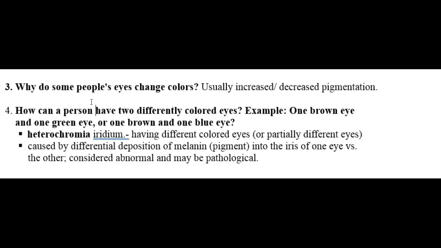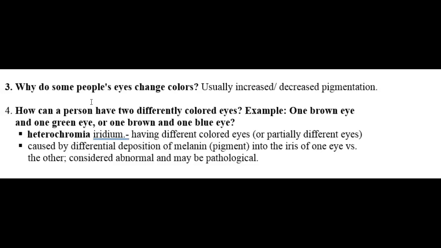For example, one brown eye and one green eye, or one brown and one blue eye. This actually is called heterochromia iridum. So the fact that you're having two different colored eyes, it's called heterochromia iridum. And this is caused by differential deposition of the melanin into the iris of one eye versus the other, so one has more melanin than the other one.